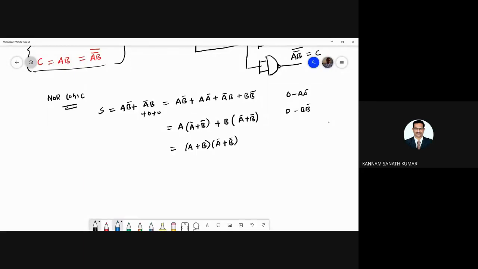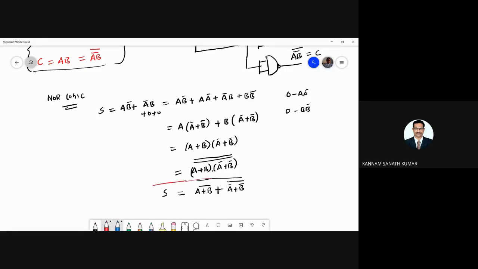Again you apply complement of complement. Complement of complement is nothing but the true form, so one complement you apply inside, applying De Morgan's law. So what you will get is A plus B whole bar, again plus, that means and becomes OR, A bar plus B bar whole bar, again whole bar. So this is nothing but sum.